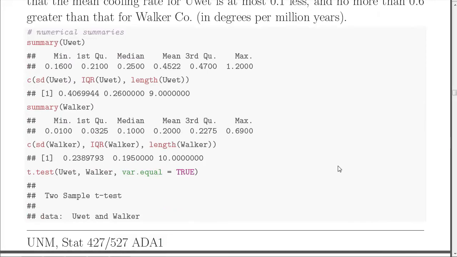So let's take a quick look at the Uwet summaries and the Walker summaries. In particular, how about the interquartile range, just to have a sense of whether these are roughly equal? So about 0.26 and about 0.2. Those are not very different. The main thing that's differing is the medians of 0.25 versus 0.1.